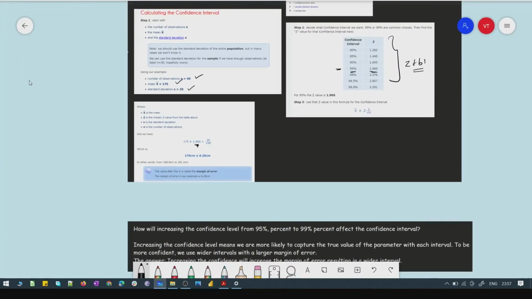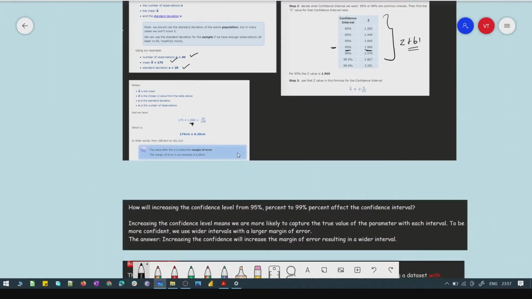Now let's look at one more piece of information. It is pretty easy, and you have to know it. This plus or minus 6.20 is the margin of error.